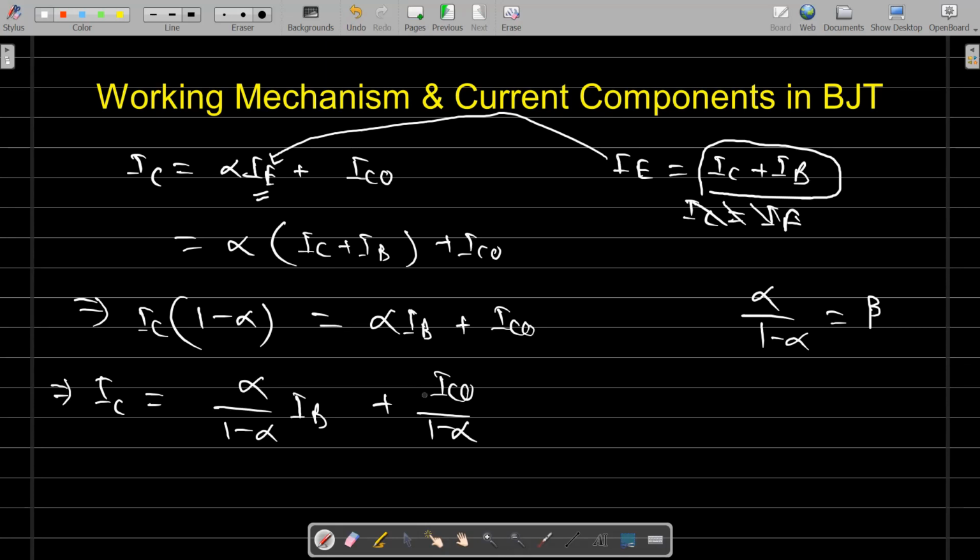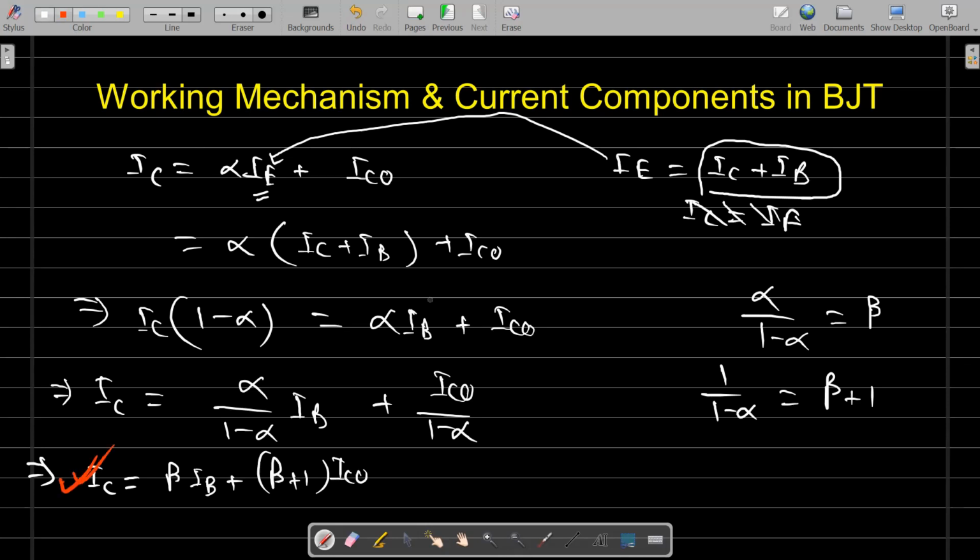Then 1 by 1 minus alpha will be beta plus 1. So the final current expression we got in a different form: IC equals beta IB plus beta plus 1 ICO. So this is another current expression in a different form.